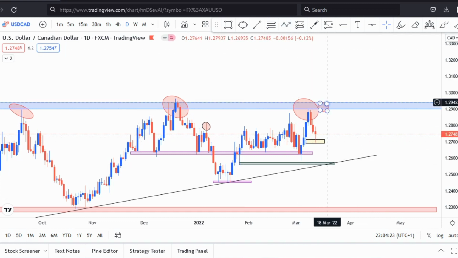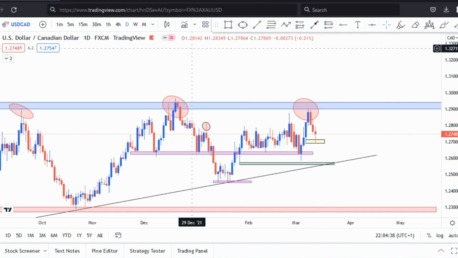But once price gets to this resistance level here, then we can make the right decision. Because if price breaks this level, then we know that most likely the price will continue to the upside. And if price gives us a bullish reversal here, a bearish reversal here, then we know price will continue to the downside.